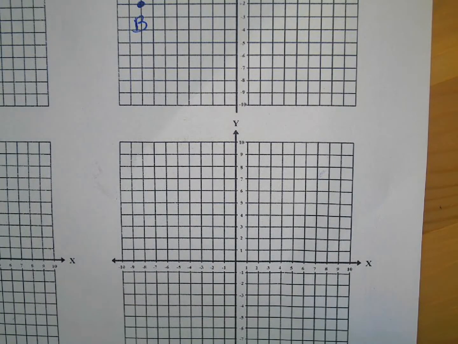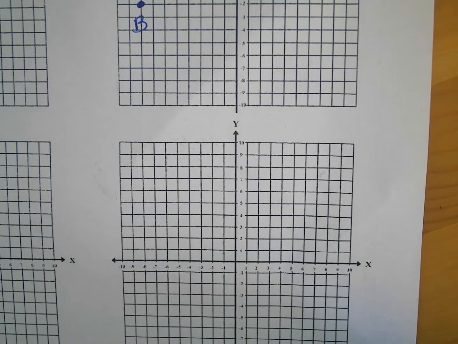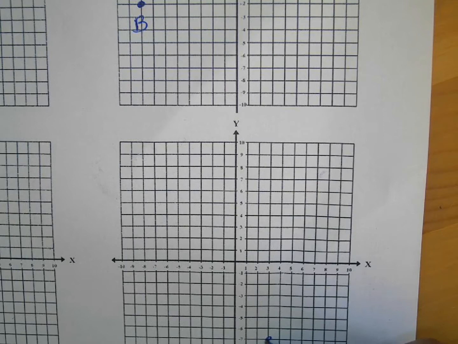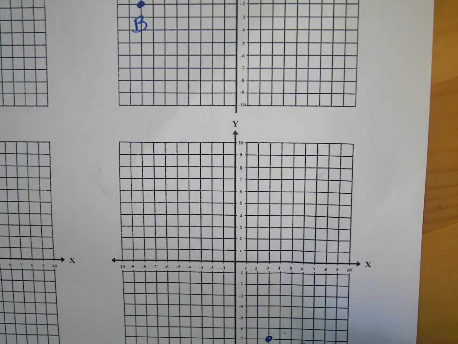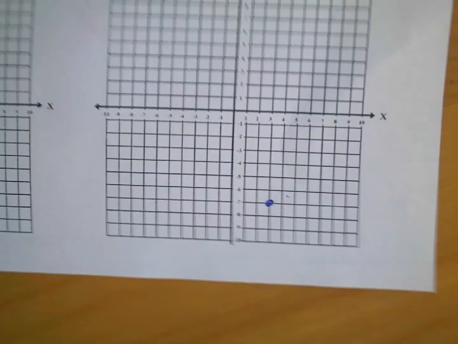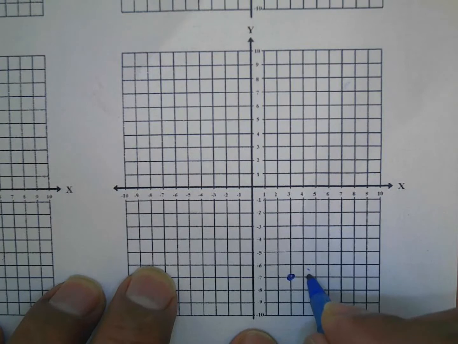Where should I put it? Let's go here. Point D. Let's go with 3, negative 7 right here. Point D is at 3, negative 7.